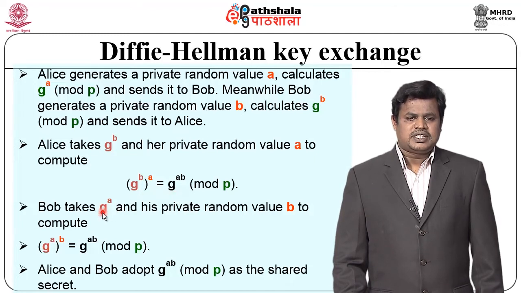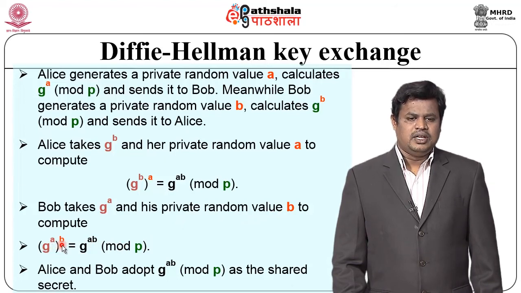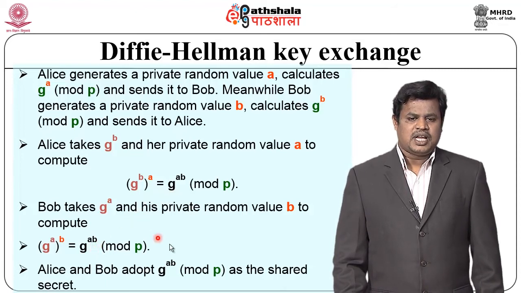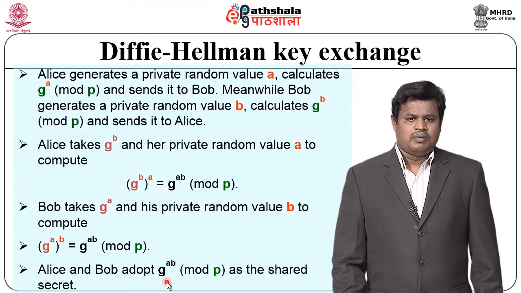Meanwhile, Bob also takes G power A, which is sent by Alice, and with his private random value B, he is able to compute G power A of B, which is equal to G power AB. Now we can see that both values, G power AB, are the shared secret that is adopted by Alice and Bob for further communication.